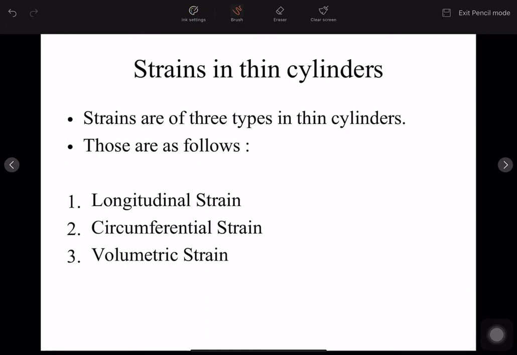If you revise it once, strains are of three types in thin cylinders: longitudinal, circumferential and volumetric. Generally these are denoted by epsilon suffix L, epsilon suffix H and epsilon suffix V.